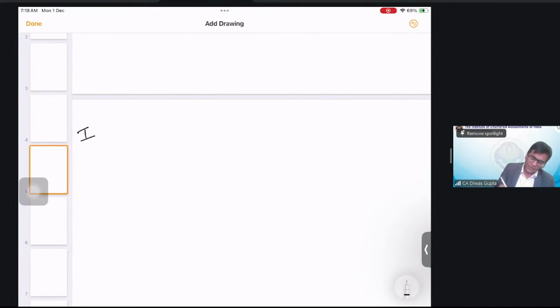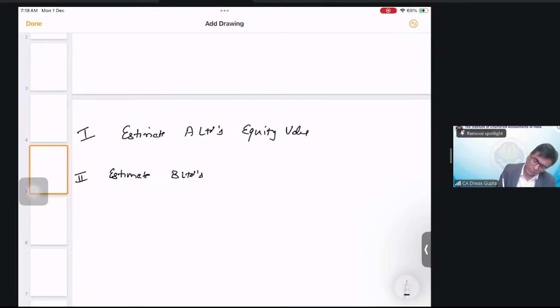So the first one is estimate A Limited's equity value. Second, estimate B Limited's equity value.